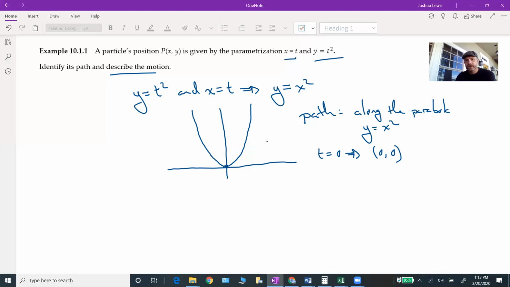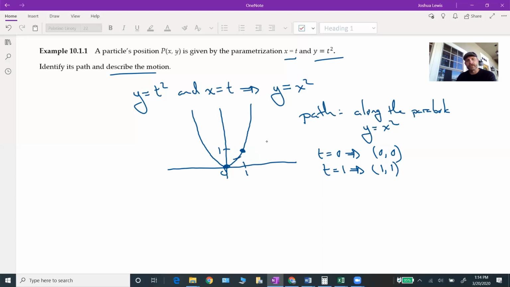Now, let's pick a later time, say t equals 1. Well, at t equals 1, x is 1 and y is 1 squared. It's at 1, 1. So how did it get from 0, 0 to 1, 1?